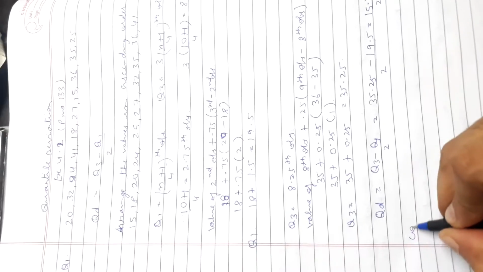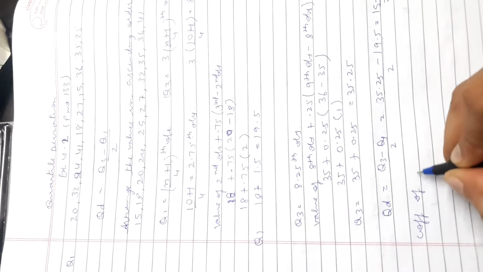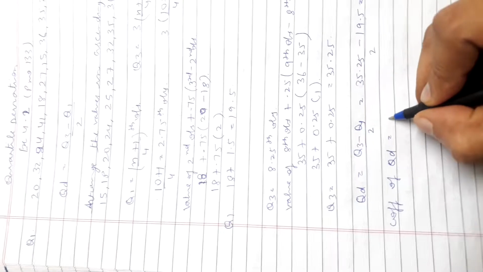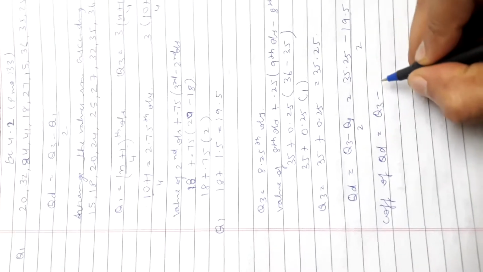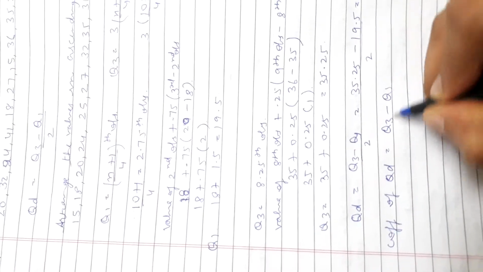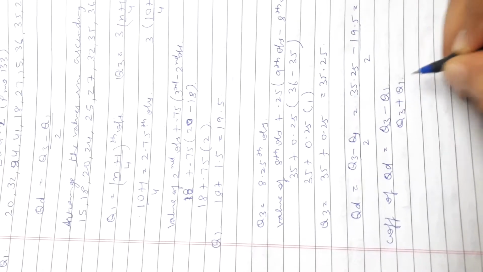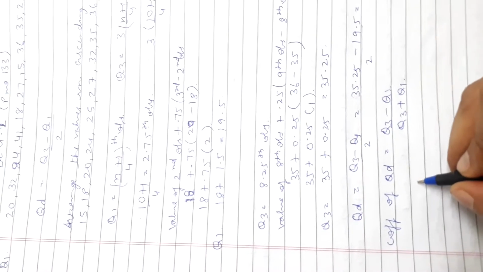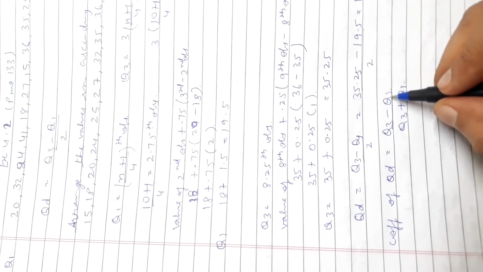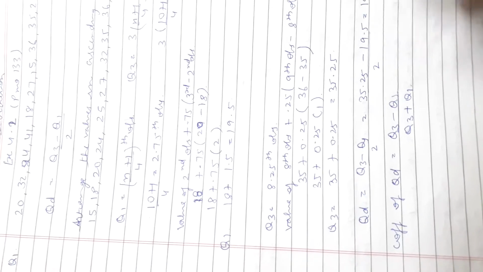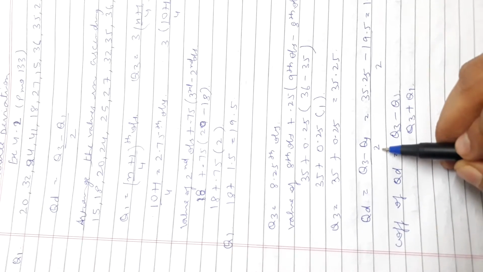Now coefficient of quartile deviation is equal to Q3 minus Q1 upon Q3 plus Q1. Q3 minus Q1, don't take it as the value 7.88, as that is divided by 2.